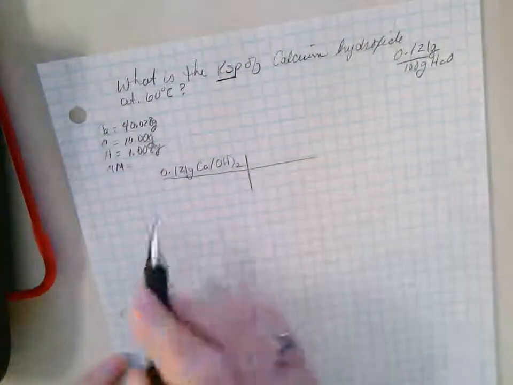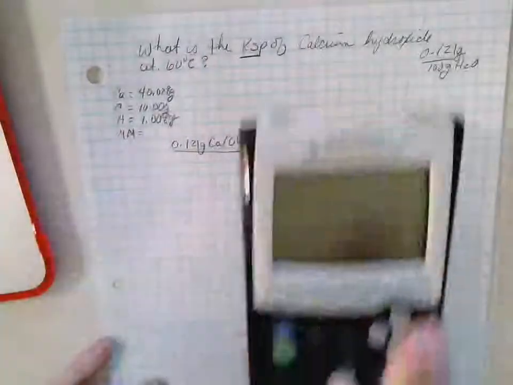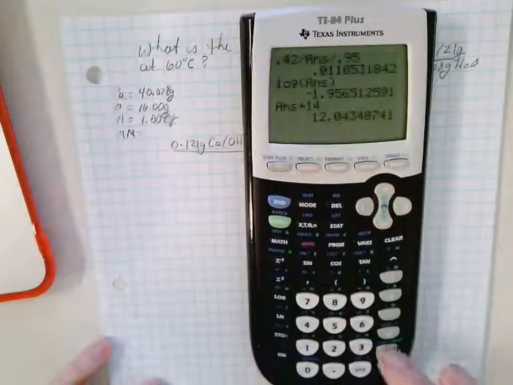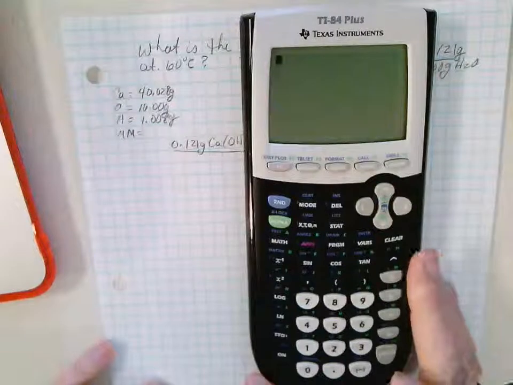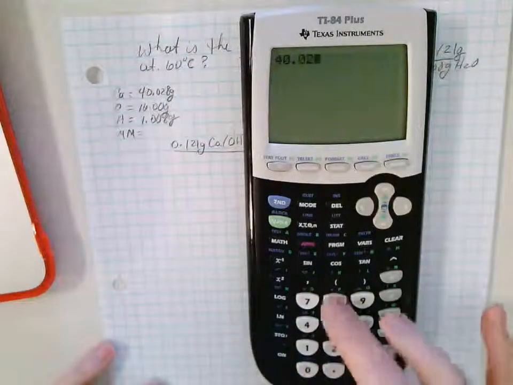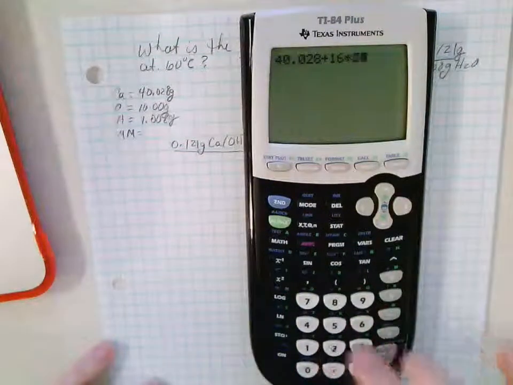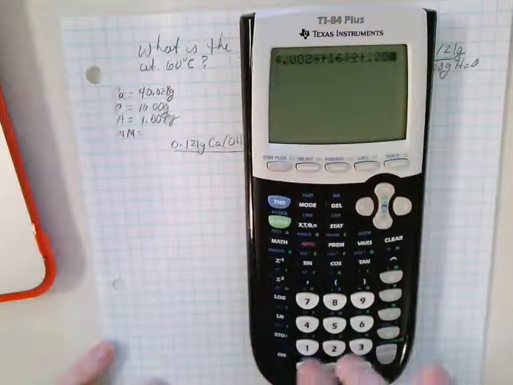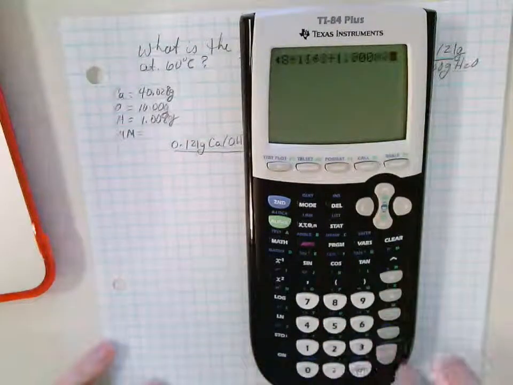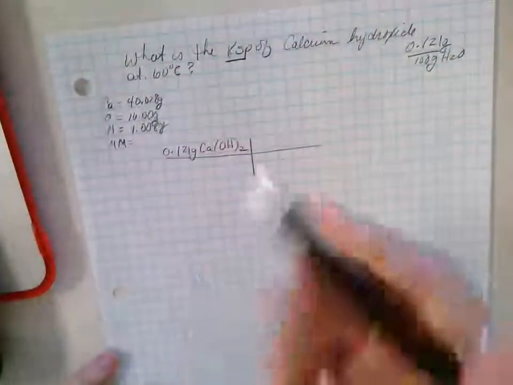And as you can see over here, I've started getting my molar masses together. So I'm going to calculate my molar mass. And it's going to be 40.028 plus 16 times 2 plus 1.008 times 2 equals 74.044.